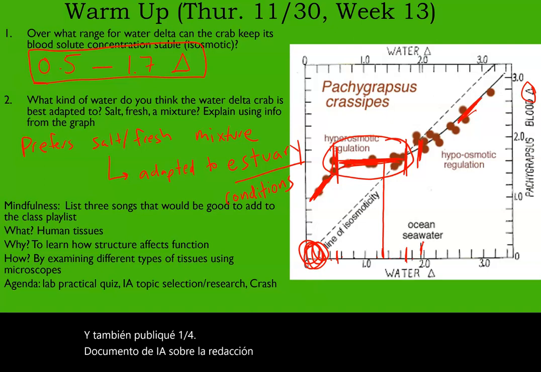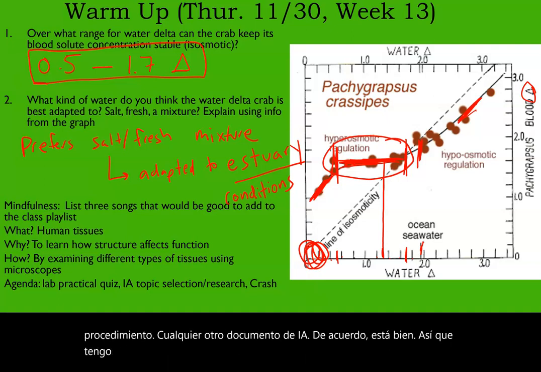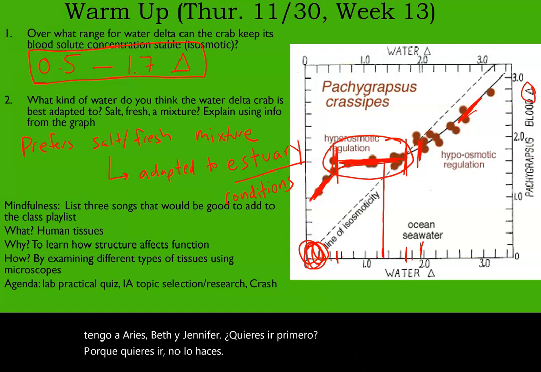So you can work on that procedure, any other IA documents, okay? All right. So I have Aries, Beth, and Jennifer want to go first. Well, I was just going to go down my roll. You want to go first? Okay. You want to go first? Okay.